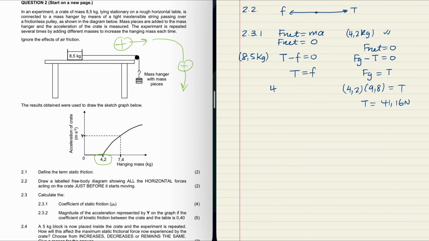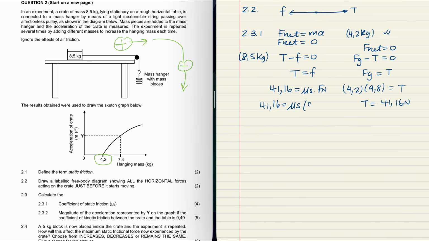Now, the same tension is on the 8.5 kilogram block. So 41.16 is equal to friction, which is mu s times Fn. Now 41.16 is equal to mu s times Fn, and since the block is on the table, Fn is going to equal the force of gravity.